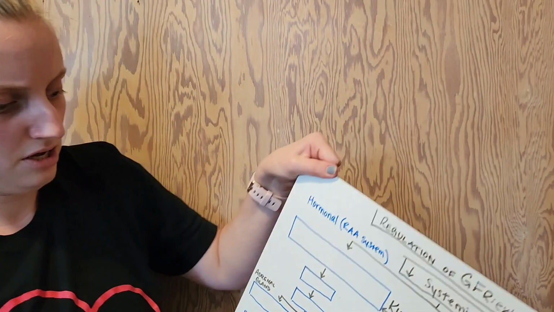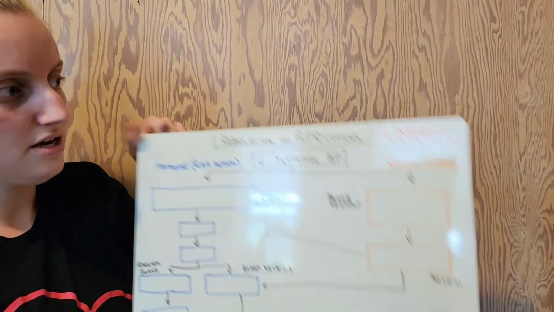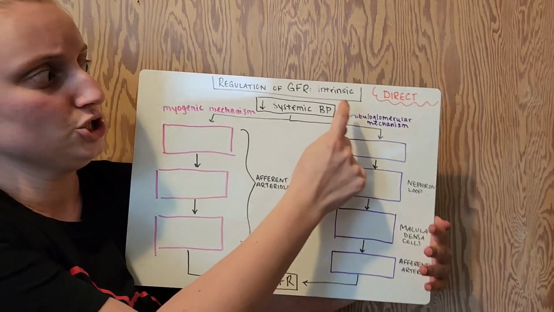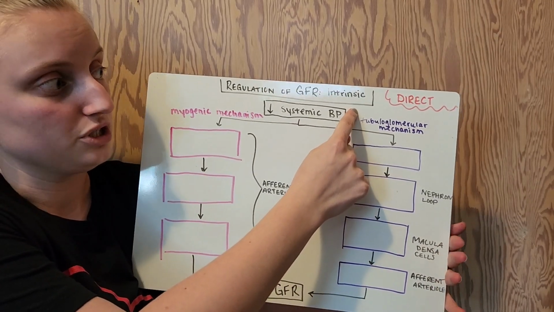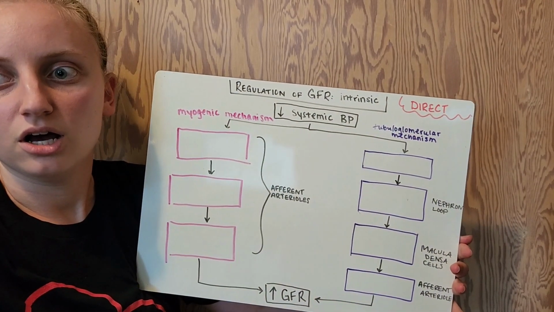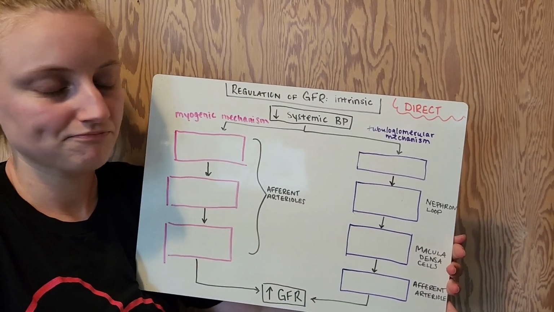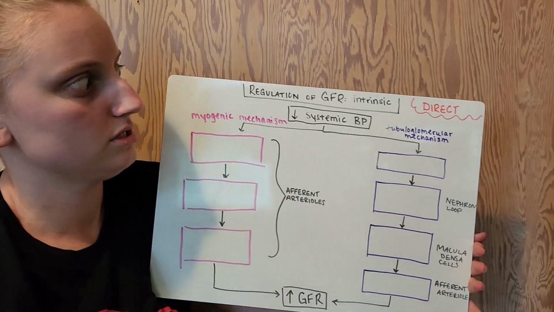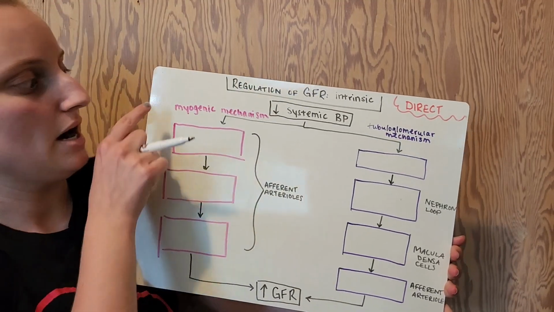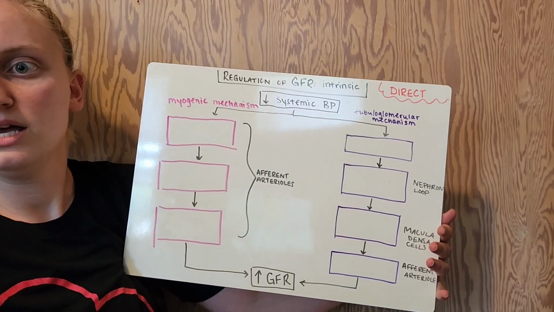Amazing. Now to the regulation of GFR. We are going to start with the, not that one, intrinsic regulation, which means it's directly in the kidney, in the glomerulus. So first we'll start off with our myogenic mechanism.